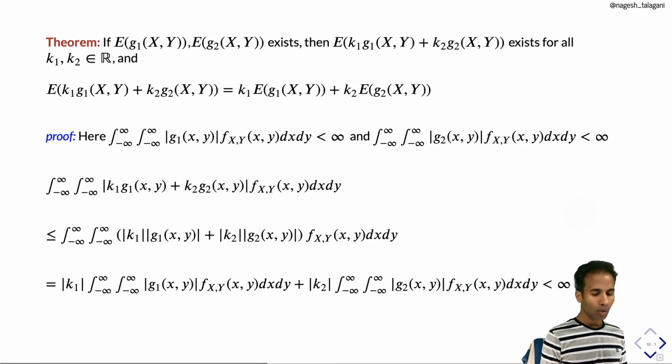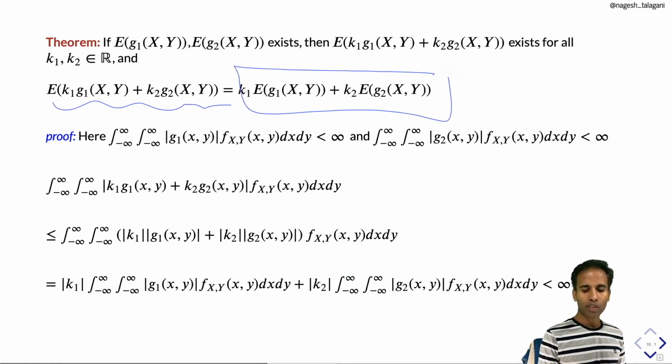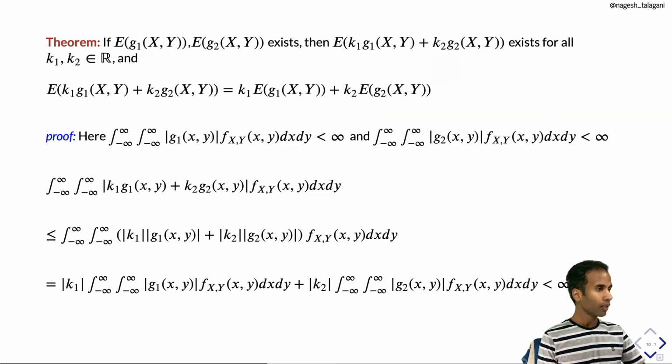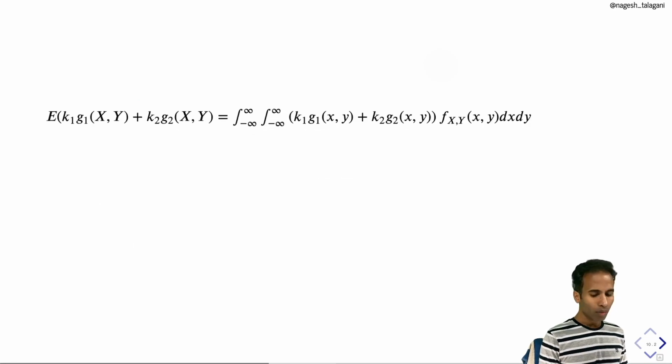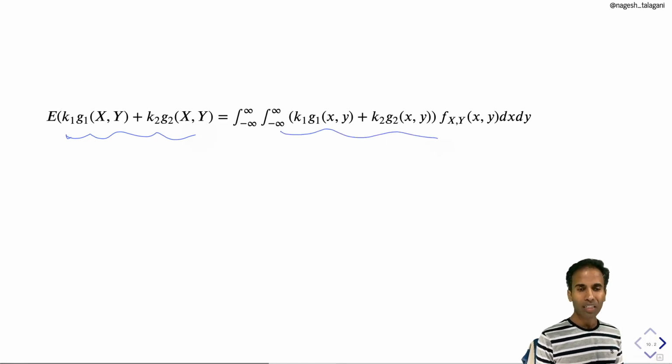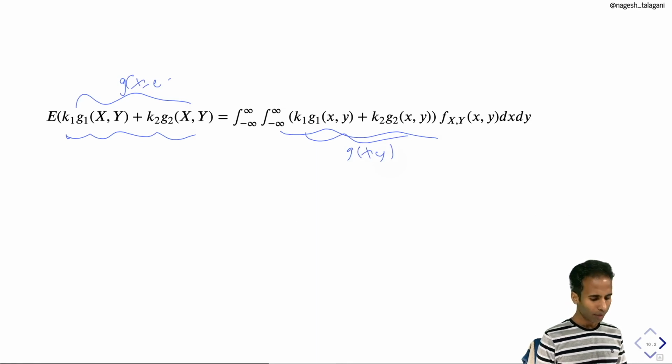Now let us show expectation of k1 g1(X,Y) plus k2 g2(X,Y) equals k1 expectation g1(X,Y) plus k2 expectation g2(X,Y). Now, by definition, if expectation of k1 g1(X,Y) plus k2 g2(X,Y) exists, then it is going to be this. Simply think of this as g(X,Y), so we are simply writing here g(X,Y).